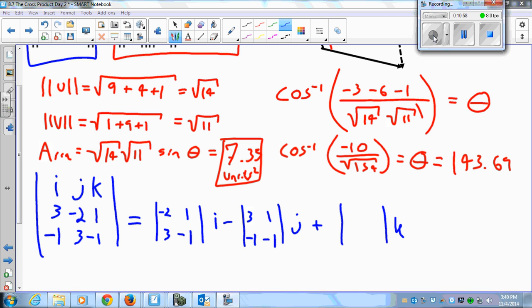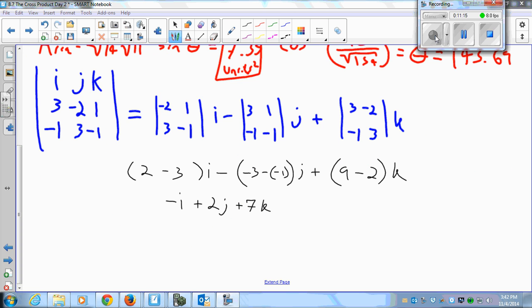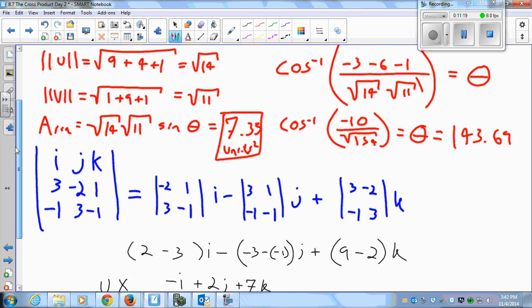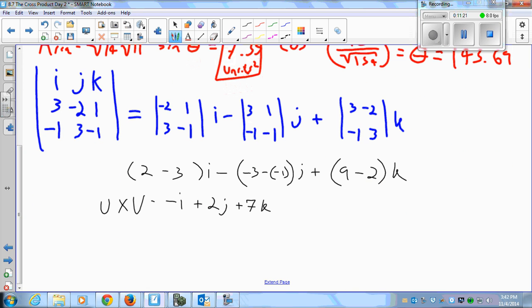And for k, the far right column and again the top row, and my determinant is going to be 3, -2, -1, 3. I'm going to go ahead and pause the video here and work through this. Check your answer along. So notice this is my cross product of u cross v is equal to this. So this vector is perpendicular to this.